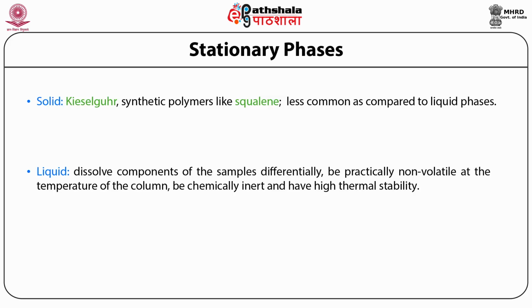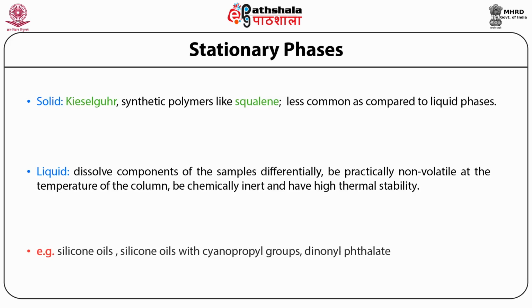Typically, this liquid phase is a cured and chemically immobilized liquid polymeric material with the features just mentioned, and examples of these are silicone oils with cyanopropyl groups to change the polarity, and dinonyl phthalate is another one of those groups that is often present along with silicone oils.